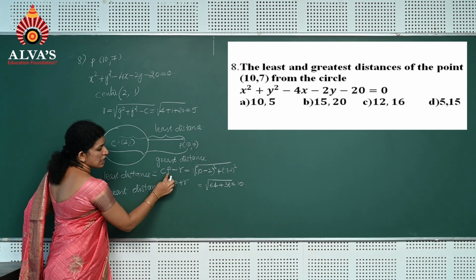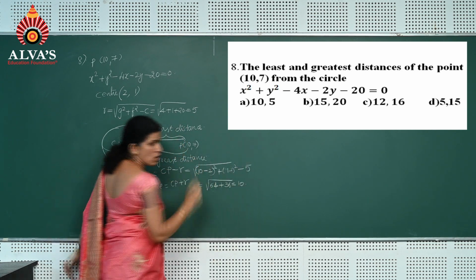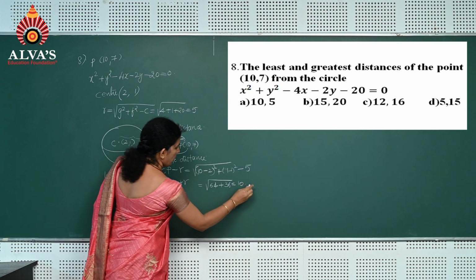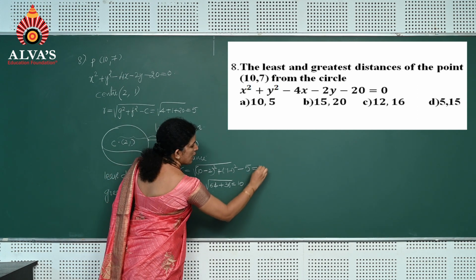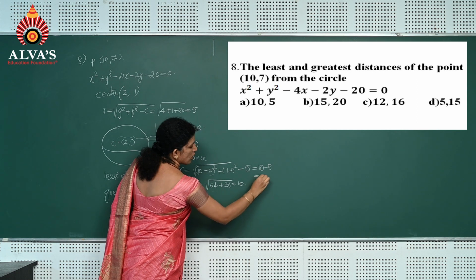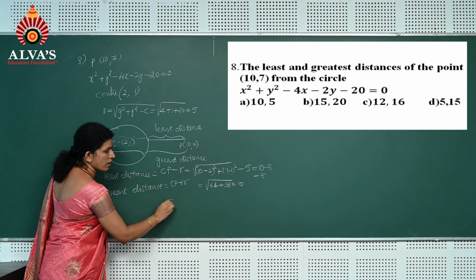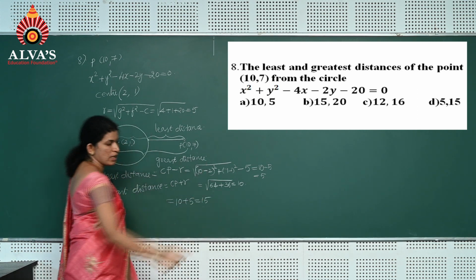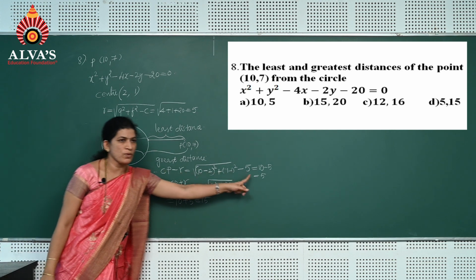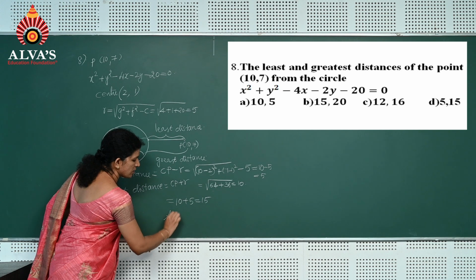So CP minus R, radius we already got, that is 5, is equal to 10 minus 5, that is equal to 5. The greatest distance is CP plus R, that is 10 plus 5, that is equal to 15. So, the smallest distance is 5 as well as the greatest distance is 15. So, the answer is D.